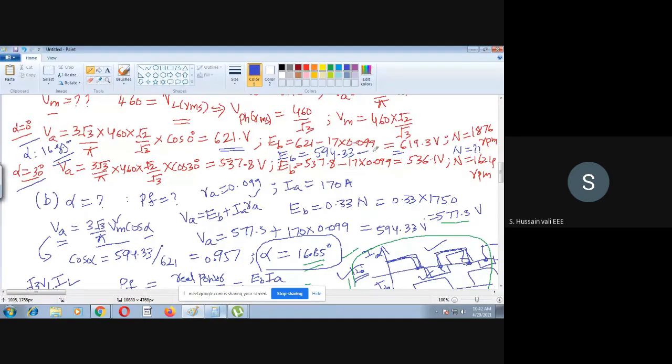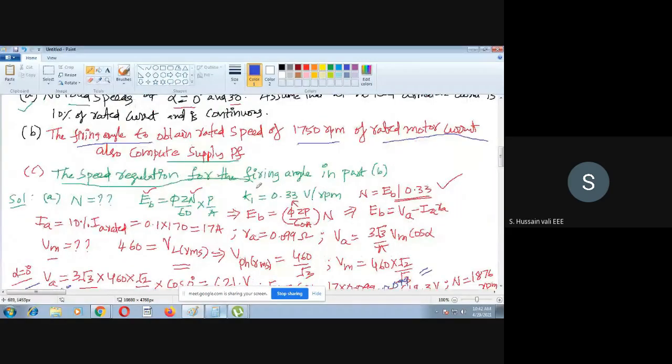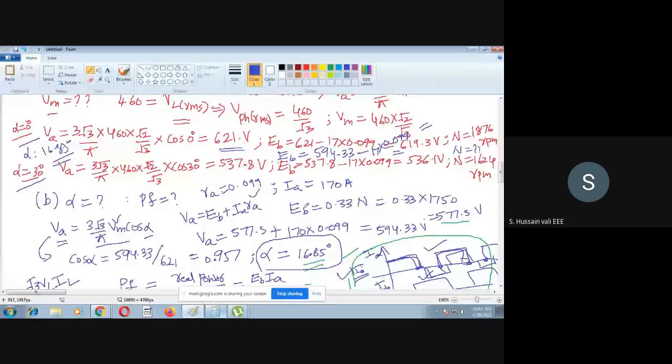594.33 minus 17 into 0.099 once again. Then what will you get here? Rated current. Actually, I think in the question some part is missed. If it is rated current, what answer will you get? I think you will get the same EB.